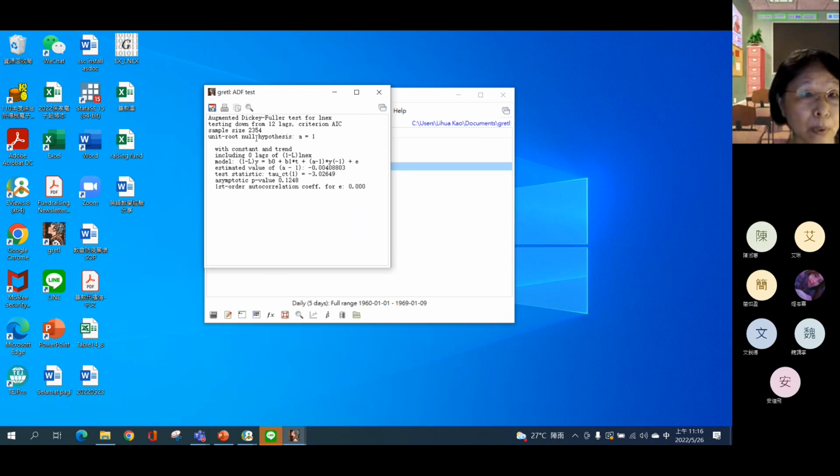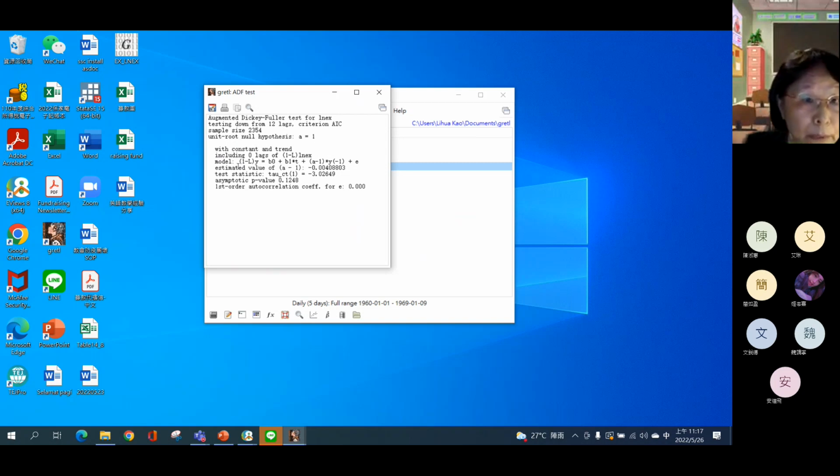Our sample, since this is using the lag, I have 2,355 observations. I have one lag. The unit root test here is what we call beta 1 equal to 1.